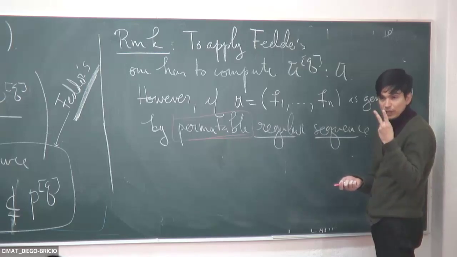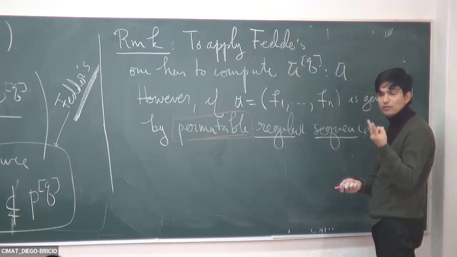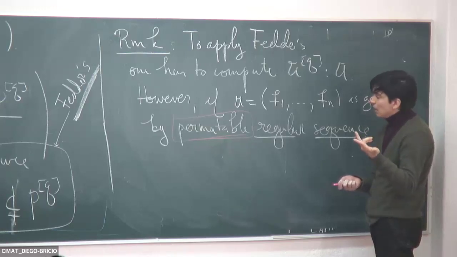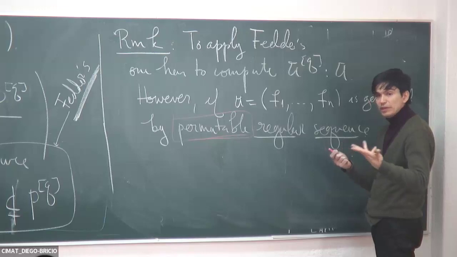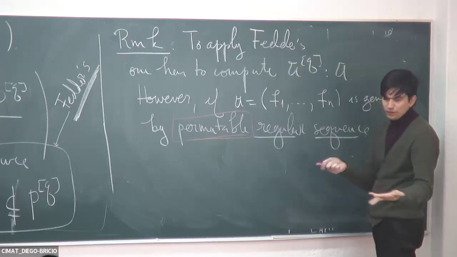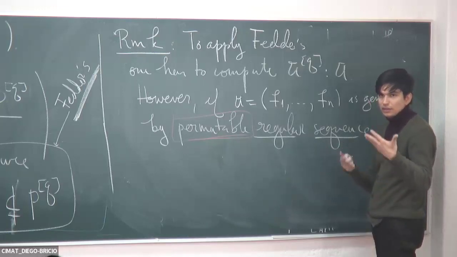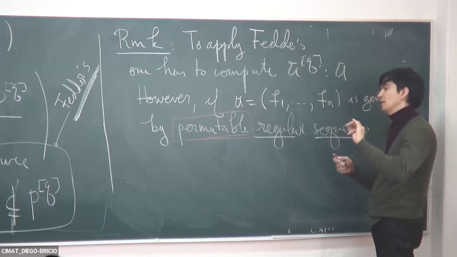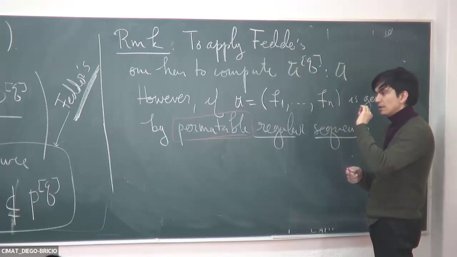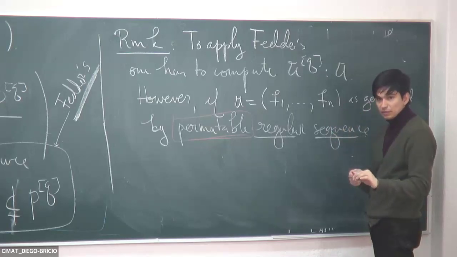If you have two elements, it's fine. If F1, F2 is a regular sequence, F2, F1 is a regular sequence. But if you have three or more, it may fail. It can easily fail, actually. And geometrically, you can see why. But there are some instances in which it doesn't matter what the order is.